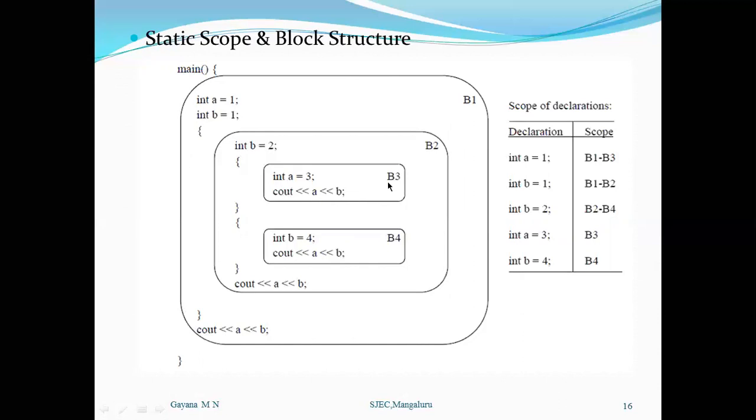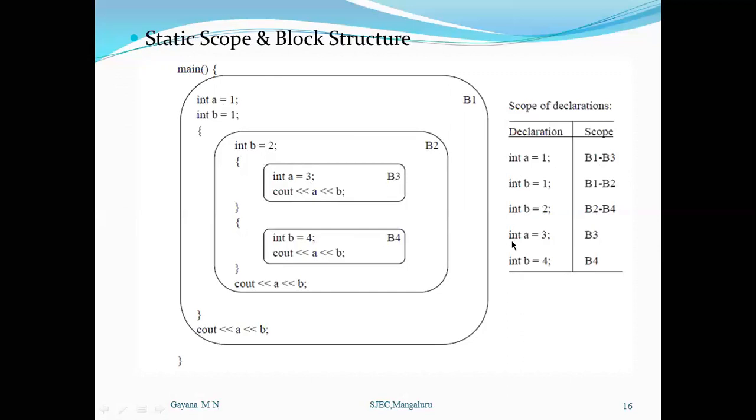Why except for block B3? Because in block B3, the same variable a is defined using another value. Correct? So within block B3, the scope of a equal to 3 will be taken into consideration, even though a has been declared and defined as equal to 1 in block B1. So we say that the scope of the statement int a equal to 1 is B1 except for B3.